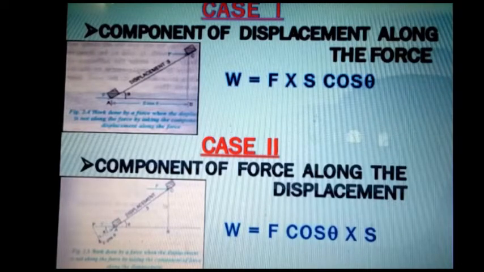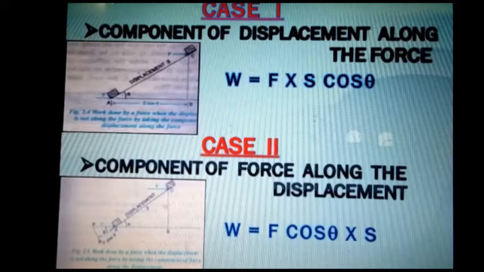So here work can be found by F cos theta × S. So ultimately we can say that magnitude of work is actually W = F S cos theta, where theta is the angle between displacement and force.